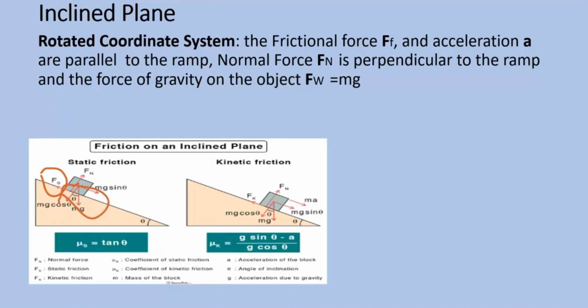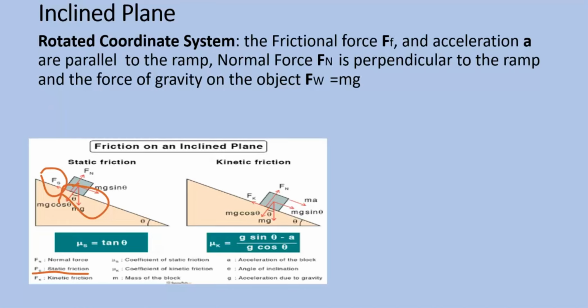The mg cos theta is equal to the normal force, and the mg sin theta is parallel to the ramp. So in this case, the coefficient of static friction will be tan theta, where F_N is the normal force, F_s is static friction, and F_k is kinetic friction.